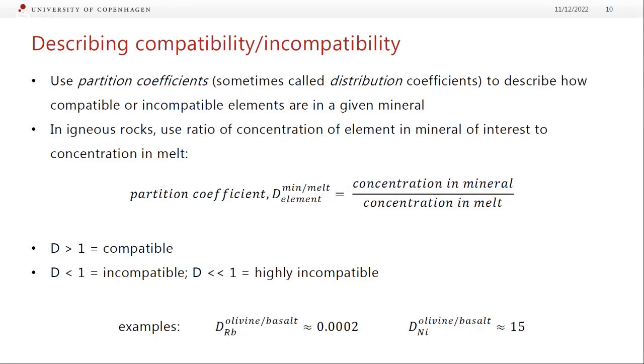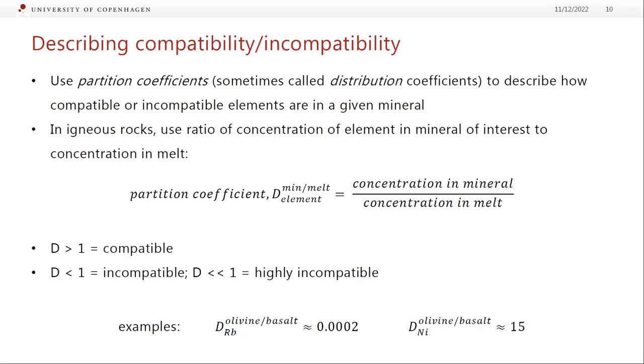So yeah, basically if the partition coefficient, if this D is greater than 1, then it's compatible. If it's less than 1, we call it incompatible. And if it's a lot less than 1, then we say highly incompatible. I don't know if there's a hard boundary between what you call incompatible or highly incompatible, but the example I've given here is a partition coefficient for rubidium, which is another large 1+ charged ion.